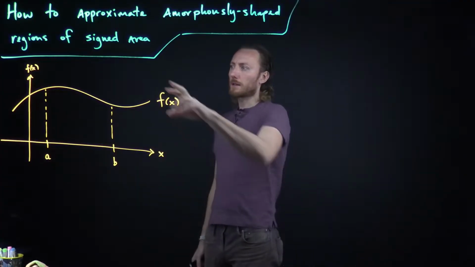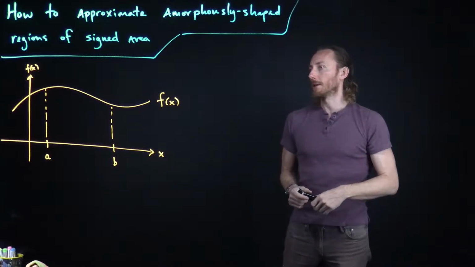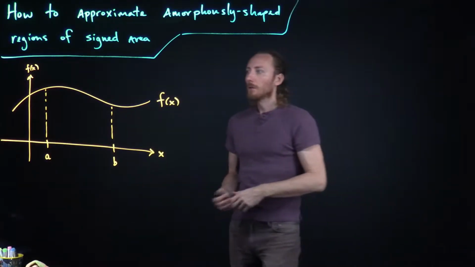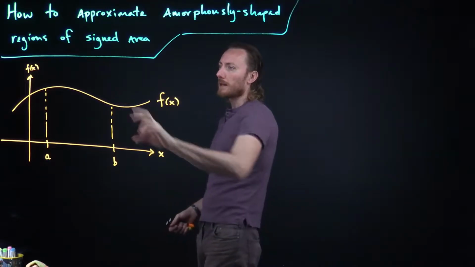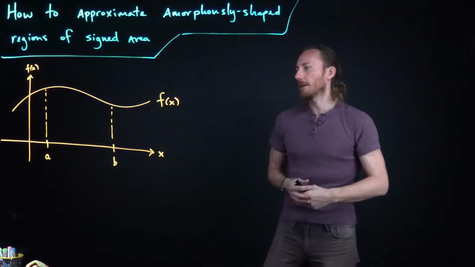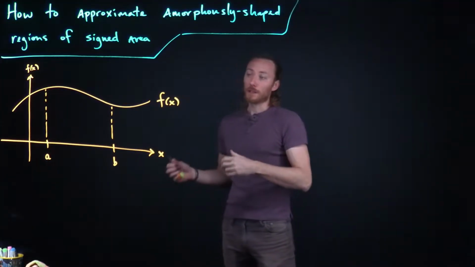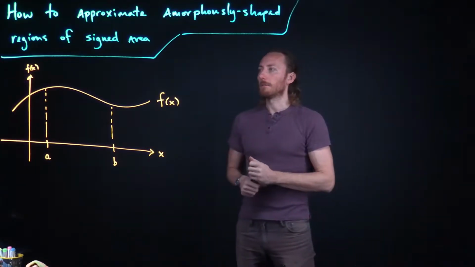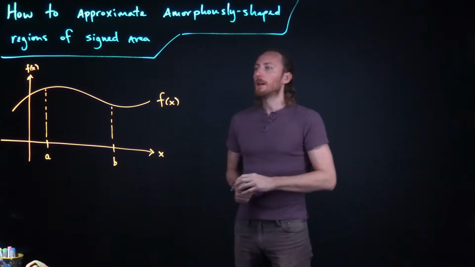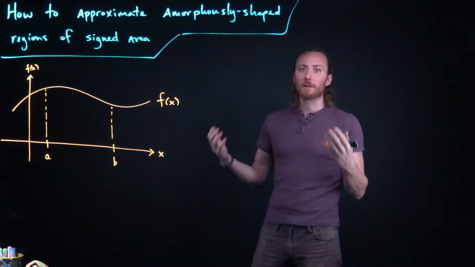If this graph sketched here with f of x was a velocity function, then the signed area beneath it, between the velocity function and the horizontal axis, would relate to the distance traveled by the object, effectively the change in position over the course of time. And that's meaningful information, right?